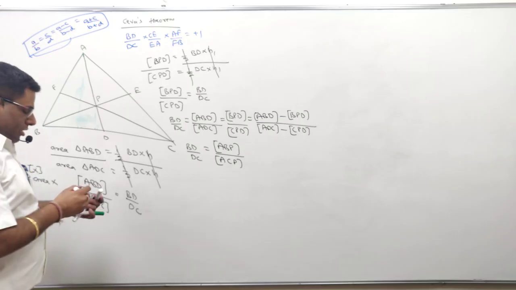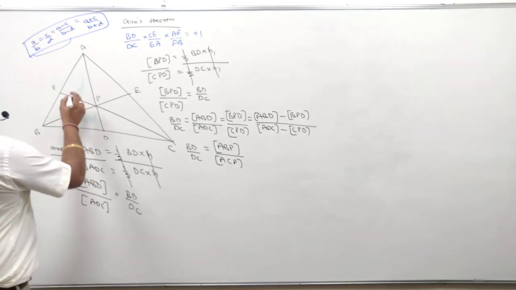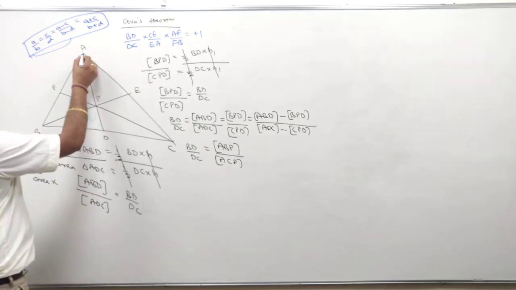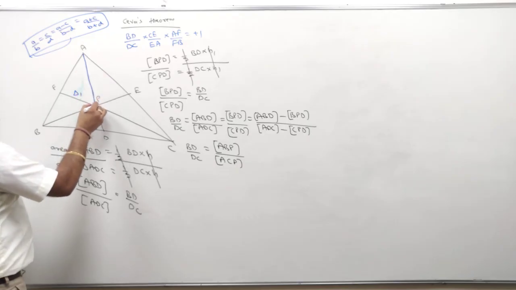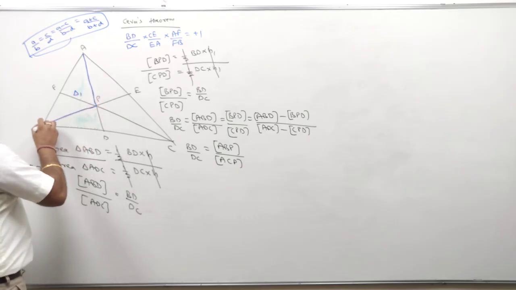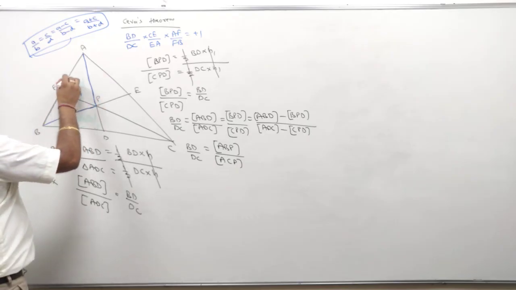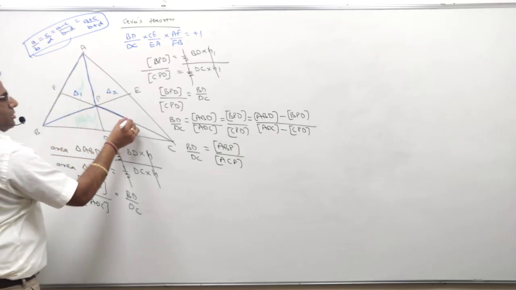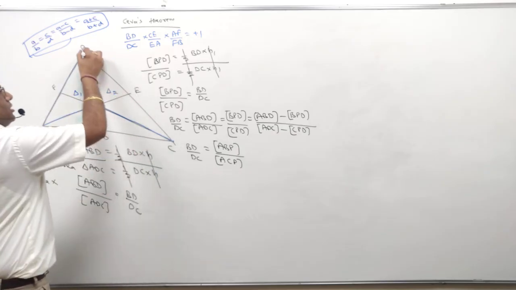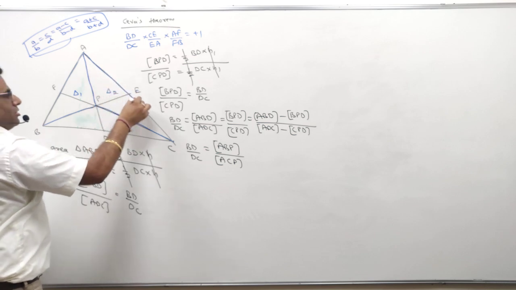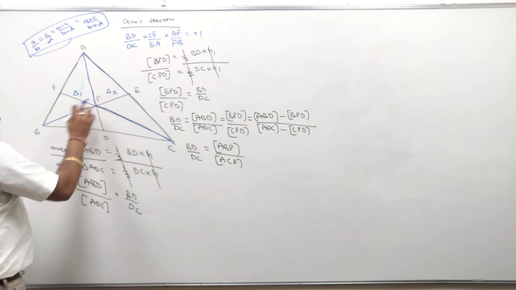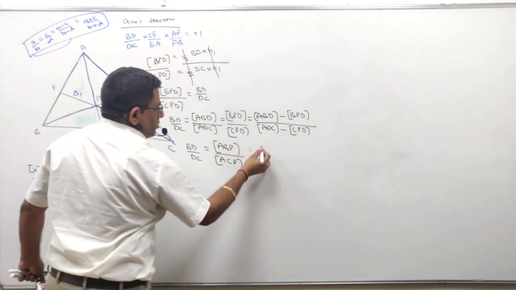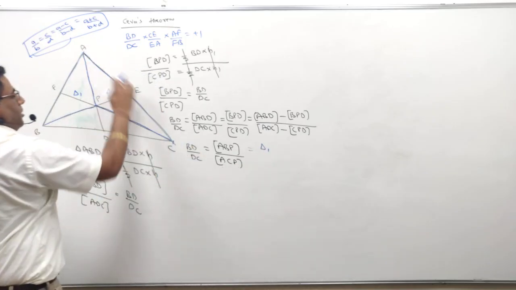For our convenience, I am taking the area of triangle APB as delta 1, and the area of triangle APC as delta 2. Is that clear?